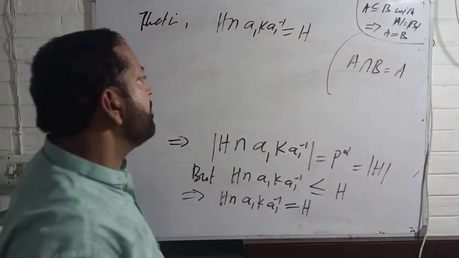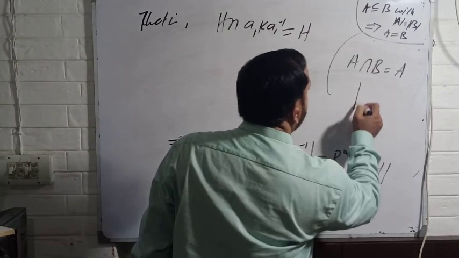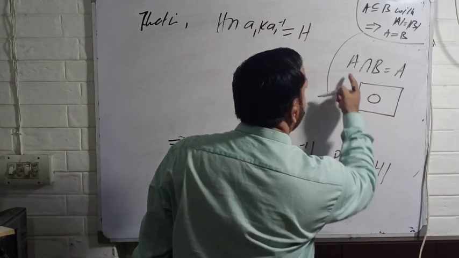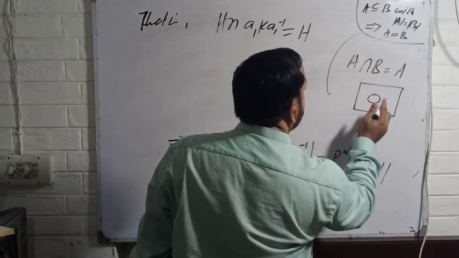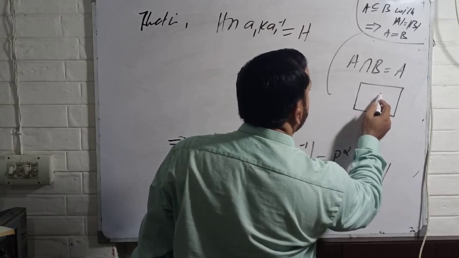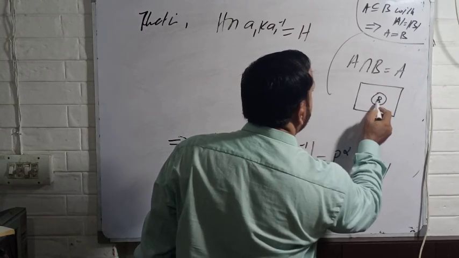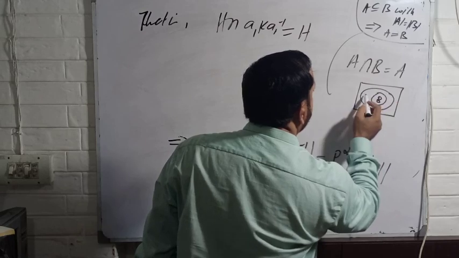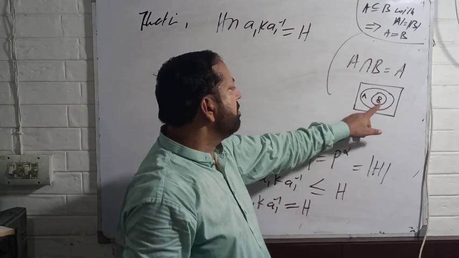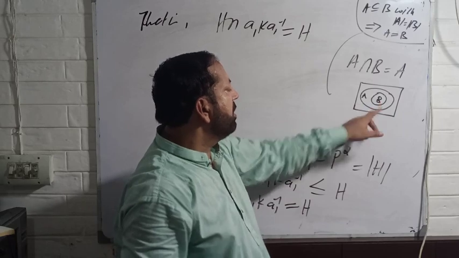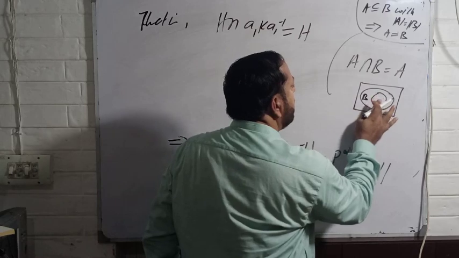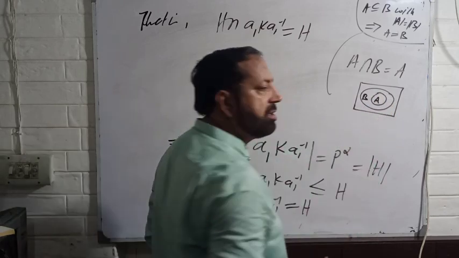Look, this is A and A intersection B is equal to this one, this is your B and this is your A. Here B is the bigger one and A is the smaller one, because intersection is a smaller set.